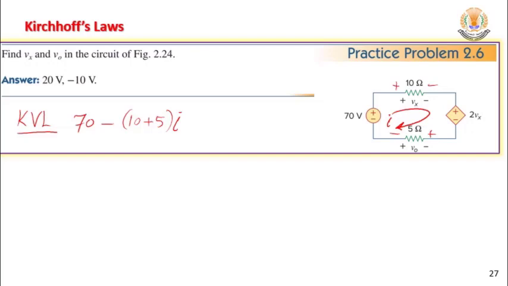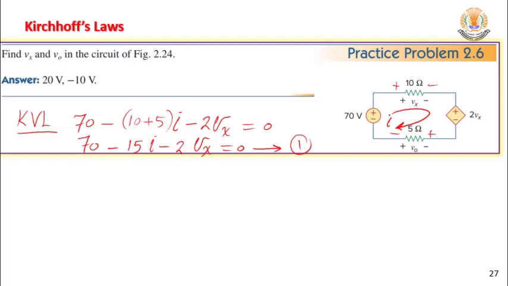I'm taking this source as reference or positive, the other one opposing. So here minus 2Vx equals 0. So 70 minus 15I minus 2Vx equals 0, and this will be equation number 1.